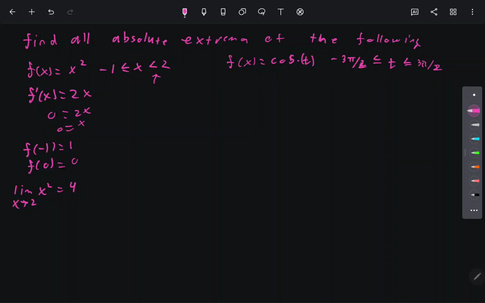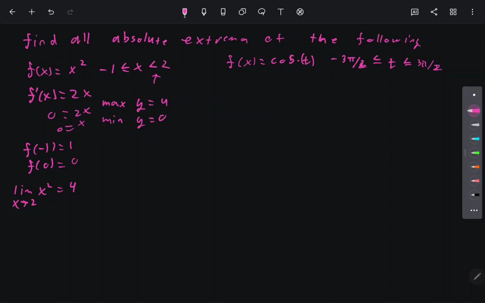Alright, well, because of this, we know that this 4 is going to be the absolute maximum, so we have a max of y is equal to 4. We have a min of y is equal to 0. And that would be our answer.